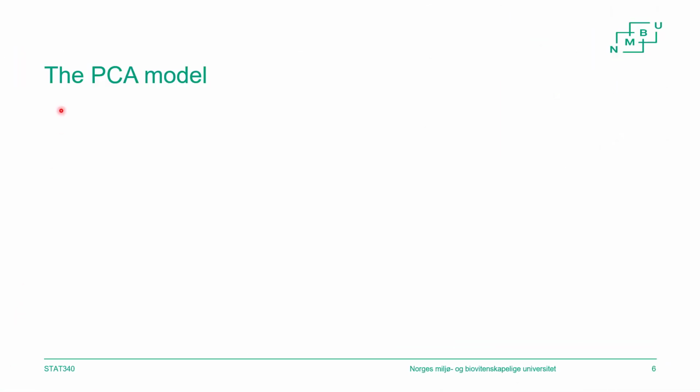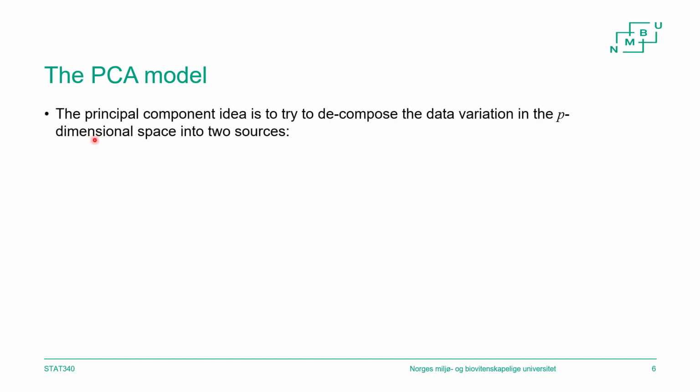So let us now turn to the PCA model and see what the idea behind principal component analysis is. Well, the idea is to try to decompose the data variation in the full p-dimensional space into two sources. And we can write it like this. The full variation equals what we may call signal plus noise.